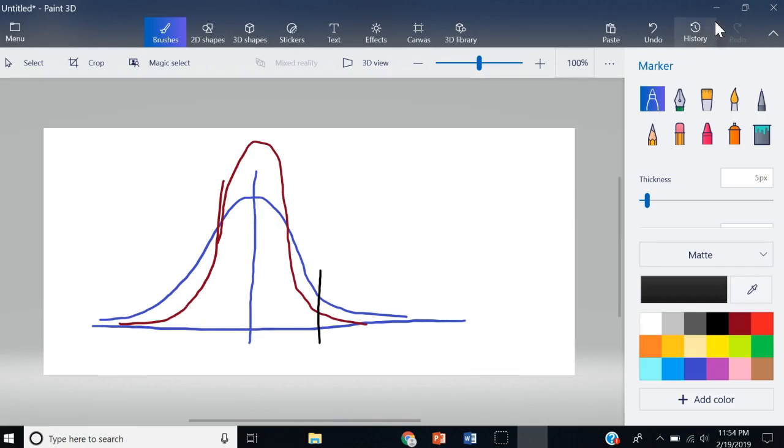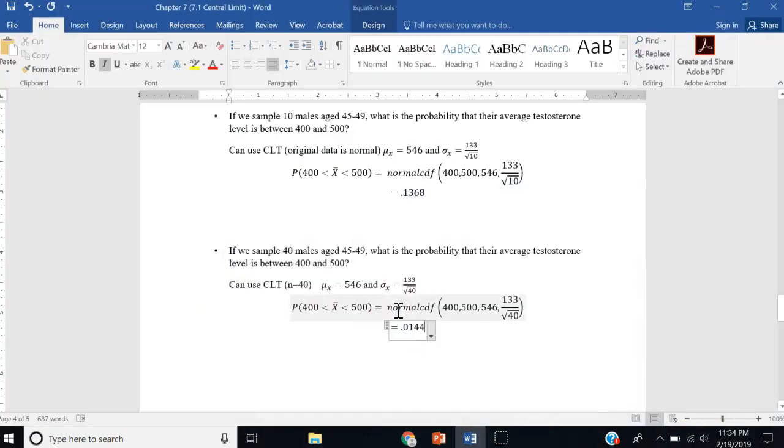Hopefully I explained that. But basically, more stuff's getting pushed towards the average as your sample size goes up.